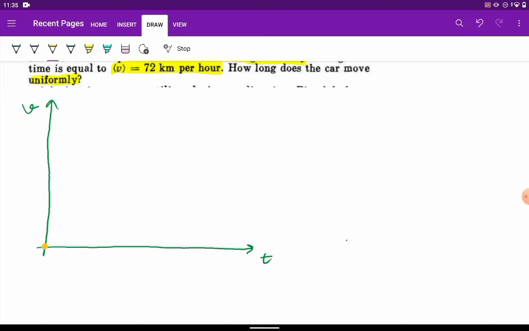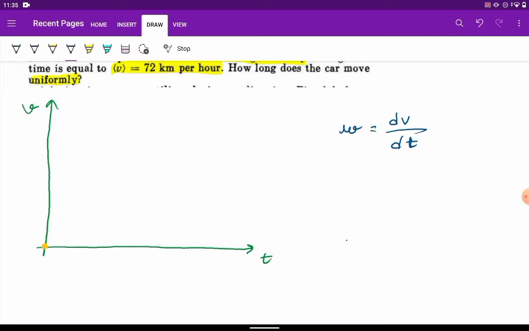So w is equal to dv by dt, that's the slope.